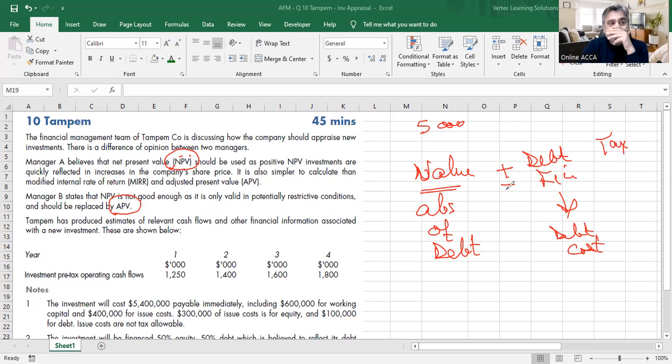There is another thing which is not part of your AFM or any other paper in ACCA, which is investment appraisal for public sector financing. We have not learned public sector financing in ACCA because ACCA mostly focuses on commercial organizations.